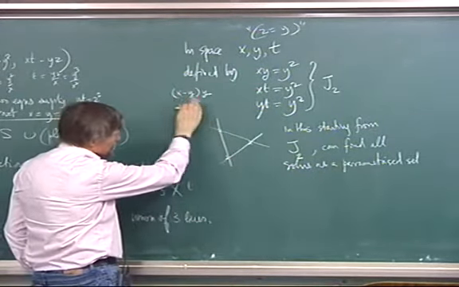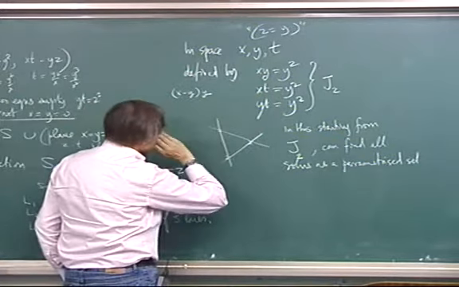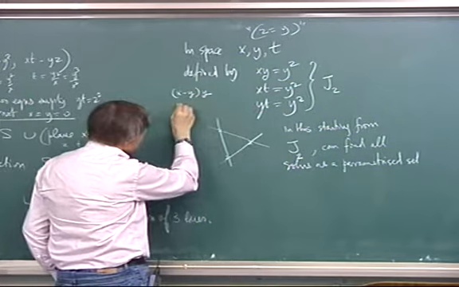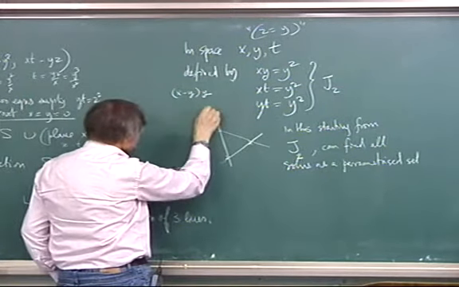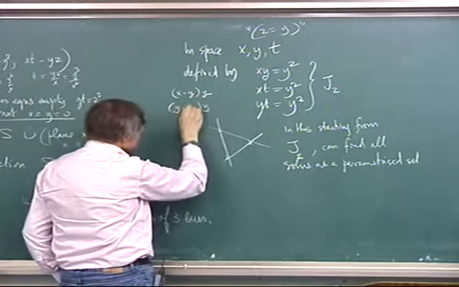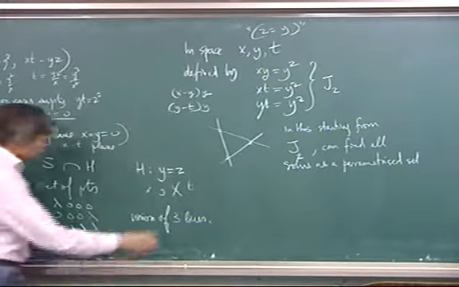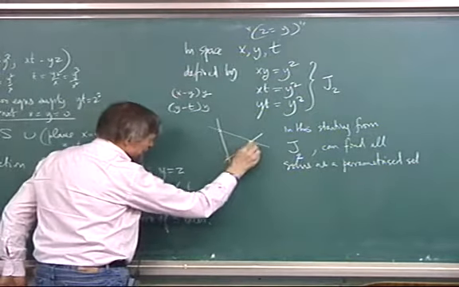If I want this to hold, then at the end there's y times (y minus t), so I have to have either y is 0 or x equals y and y equals t. So x equals y and y equals t is this line.